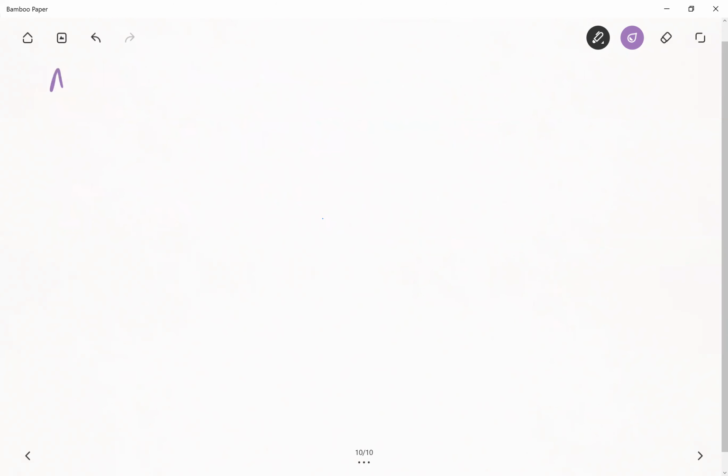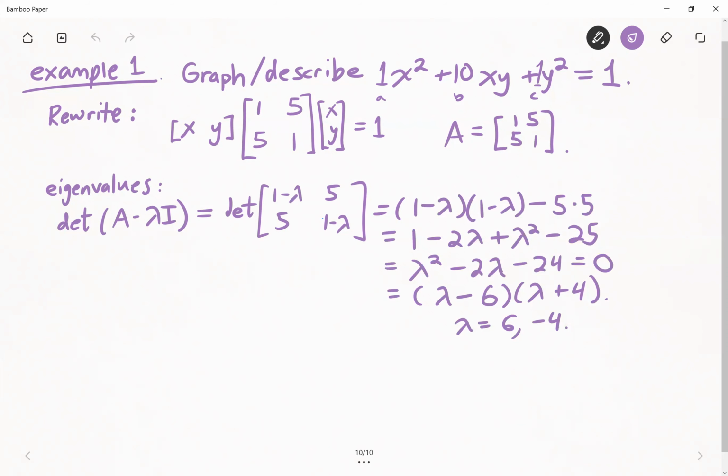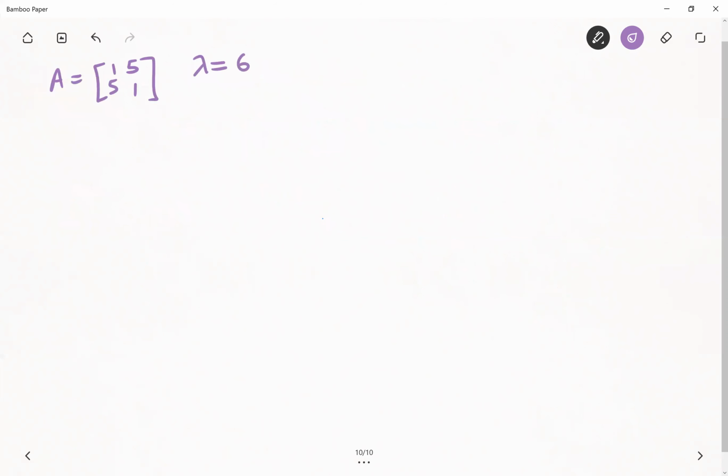So remember, A is the symmetric matrix 1, 5, 5, 1. And I have lambda equals 6. I want to next solve A minus lambda times I times an eigenvector V is equal to the 0 vector.